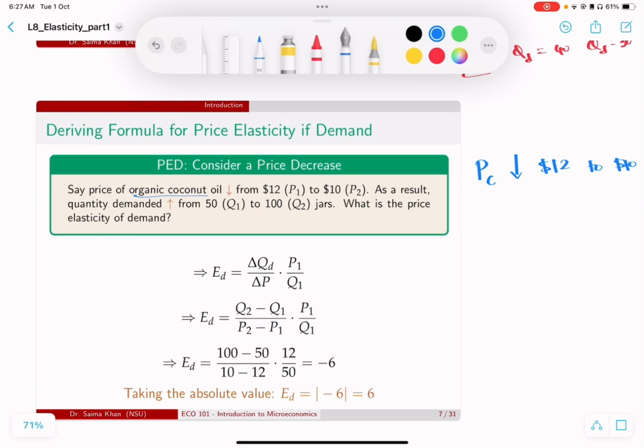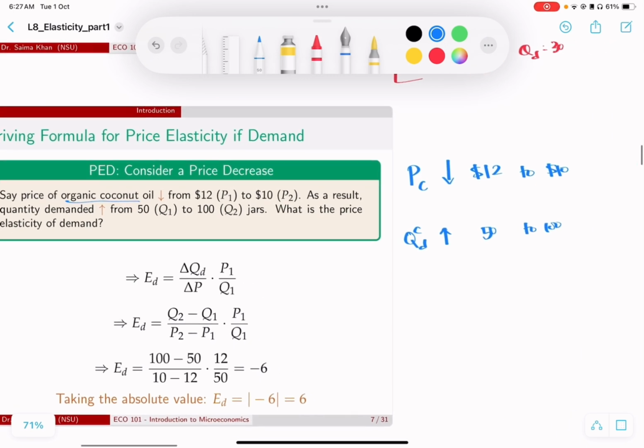And as a result, quantity demanded for coconut oil increases from 50 units to 100 units, right? For our ease, call the old price P1, call the new price P2, and call the old quantity Q1, call the new quantity demanded Q2.